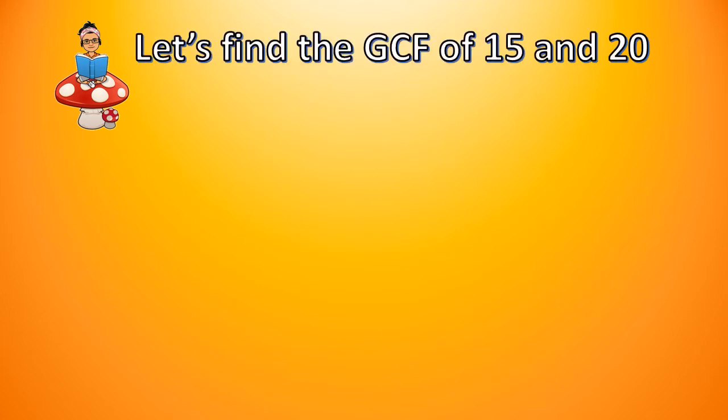Okay, let's have another example. Find the GCF of 15 and 20. So the first two branches of 15 in our factor tree, we think of two numbers that we could multiply to get 15. Okay, we could use 3 times 5.